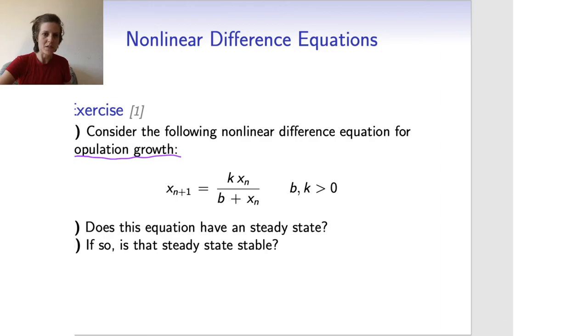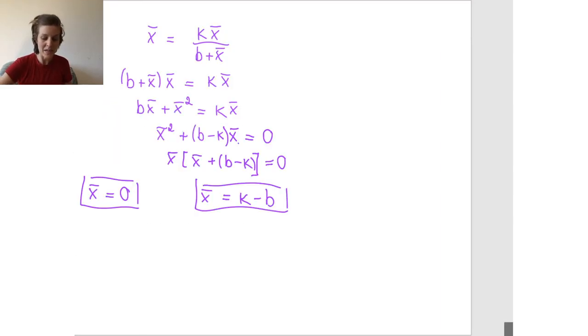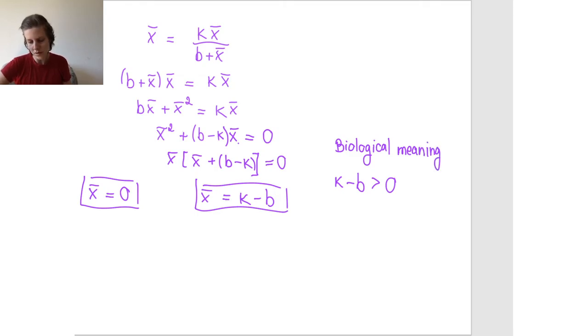It just has some meaning if k minus b is bigger than 0, or if k is bigger than b. Okay, this is important here to pay attention to.